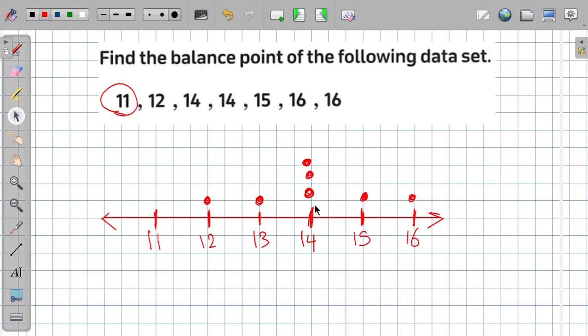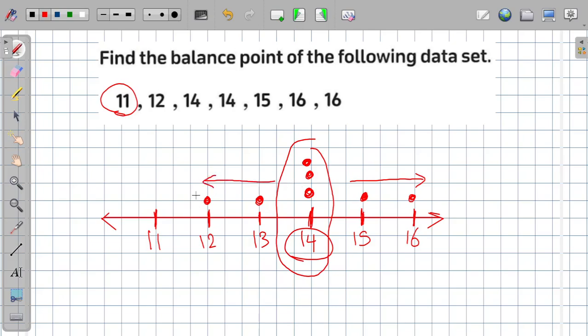Okay, now I think we can see that 14 is the balance point of the data set because I have symmetrical shape right now because I have 3 dots at 14 and 2 dots on the right side and 2 dots on the left side.